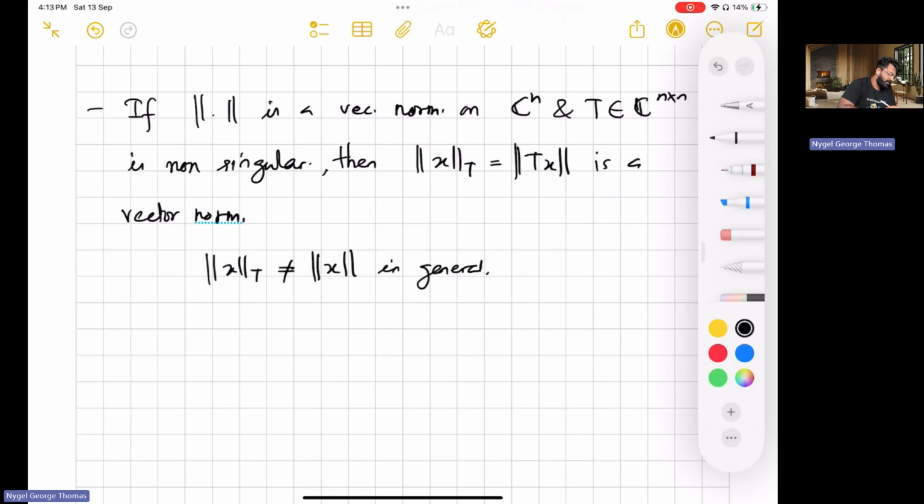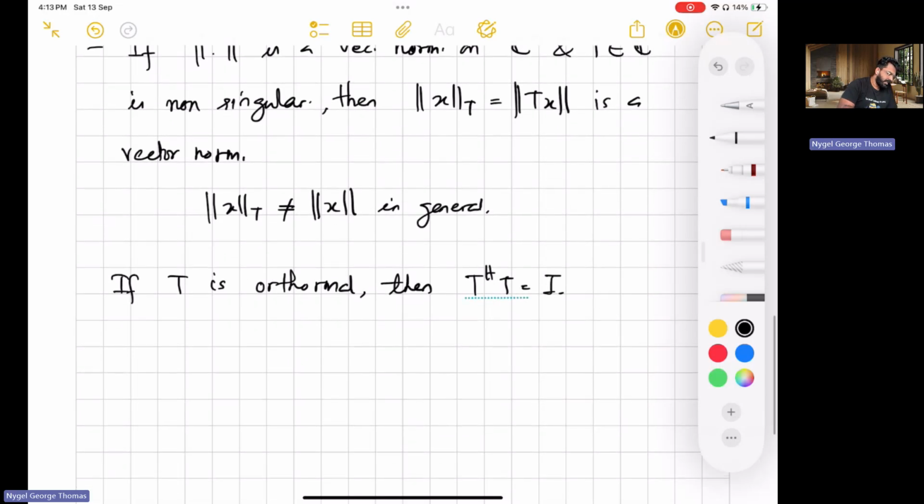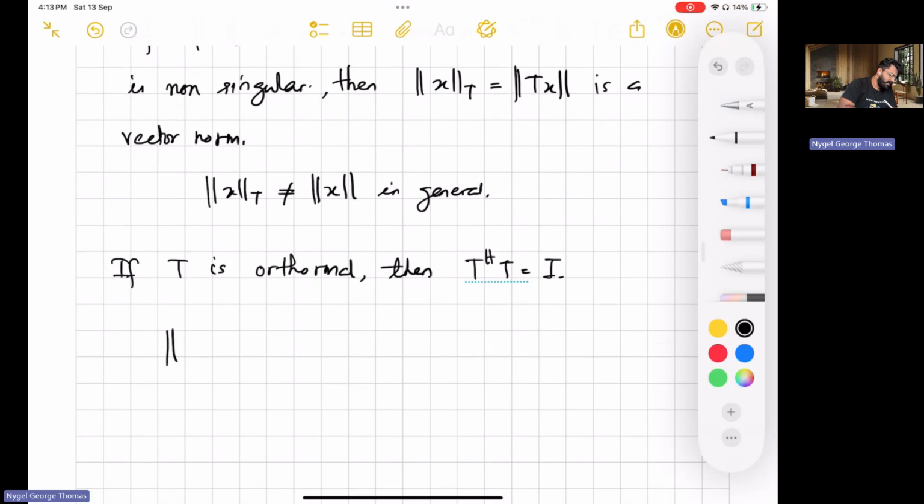That is the case where T is orthonormal, so T Hermitian T is equal to the identity, and the norm is the L2 norm. This is a very specific case: the norm has to be L2 and T has to be orthonormal.